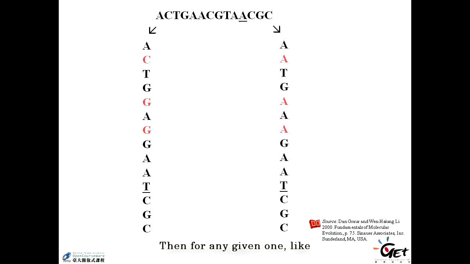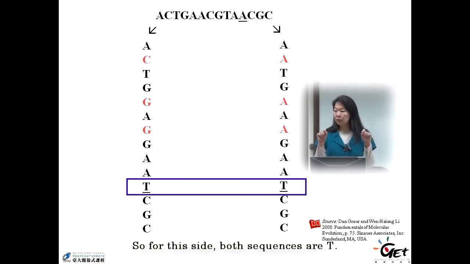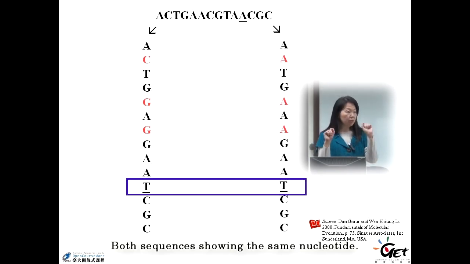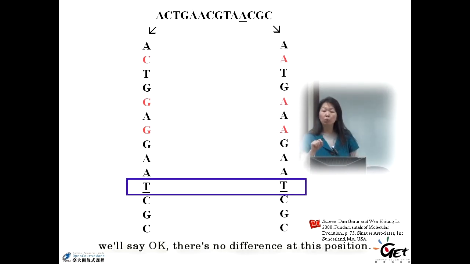Then take any given site, like the one I put a box around here. At this site, both sequences are T. Both sequences show the same nucleotide, so when we align the two sequences, we say there's no difference at this position.